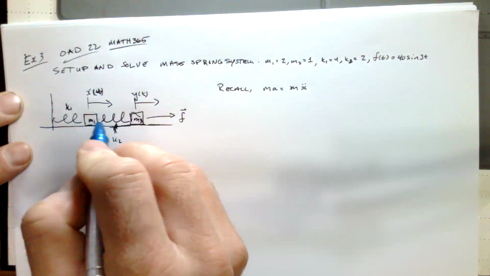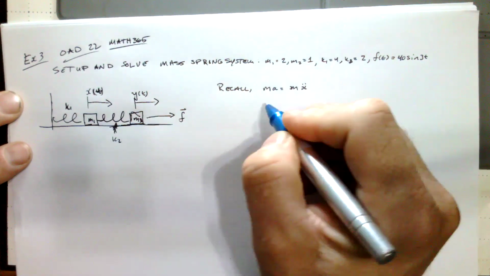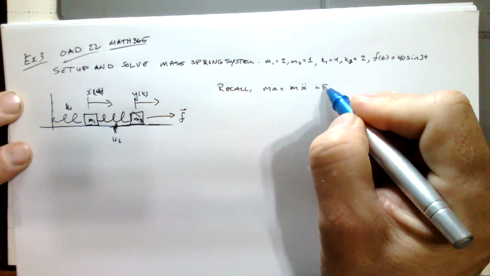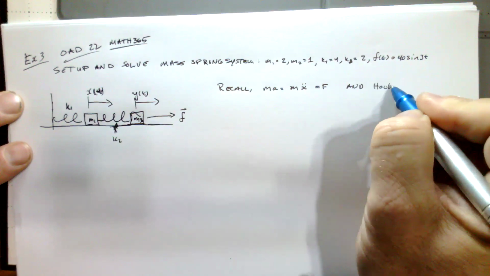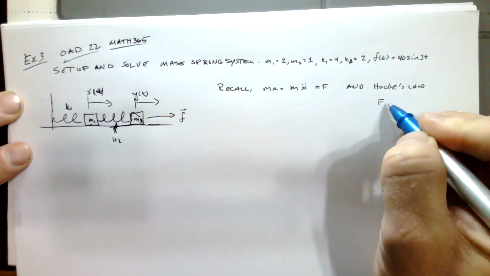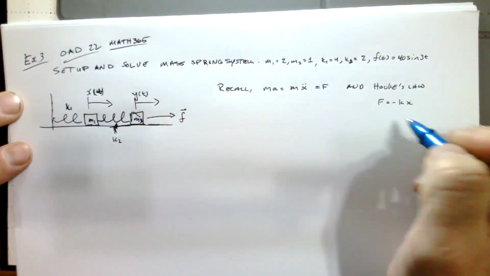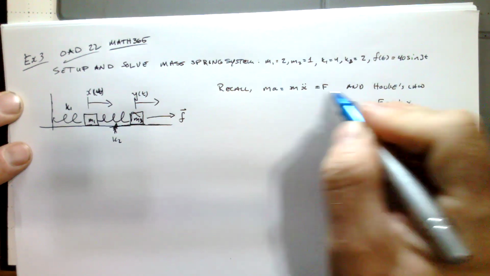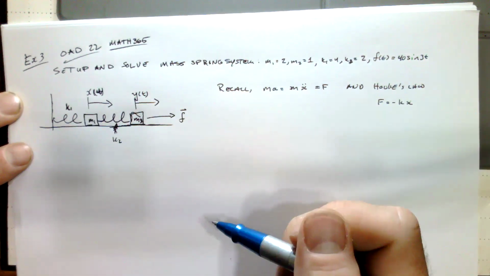And the forces being applied here are given by Hooke's law. Hooke's law states that the force is equal to minus the spring constant times the displacement. So we're going to use these two ideas to create the system of equations for this system.